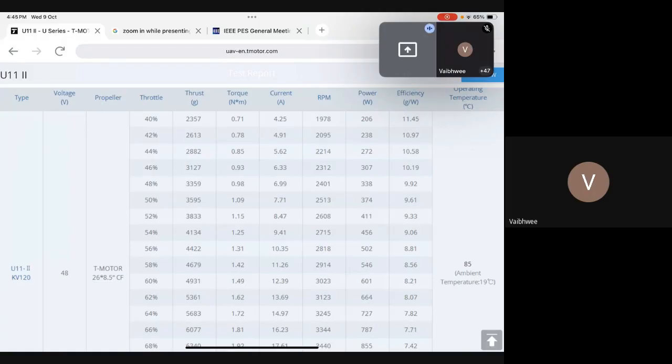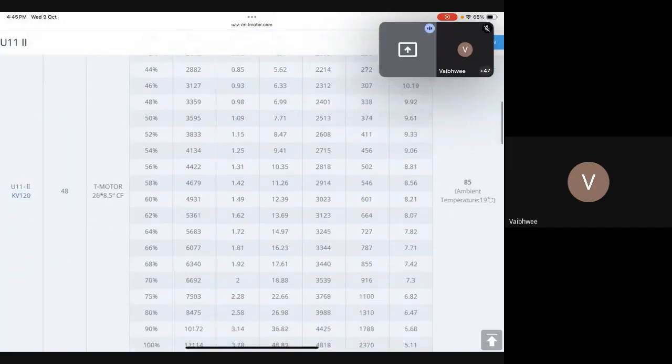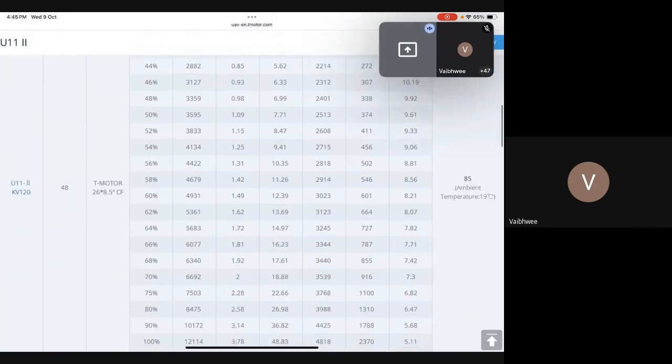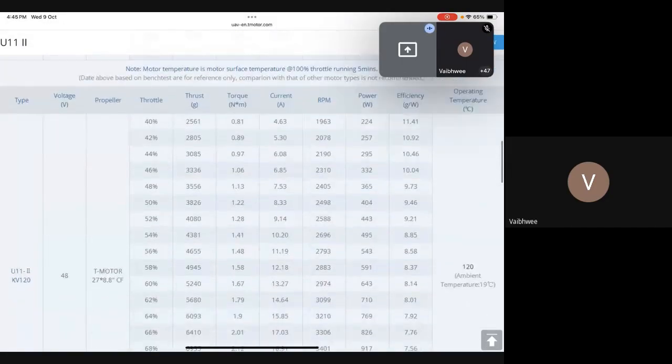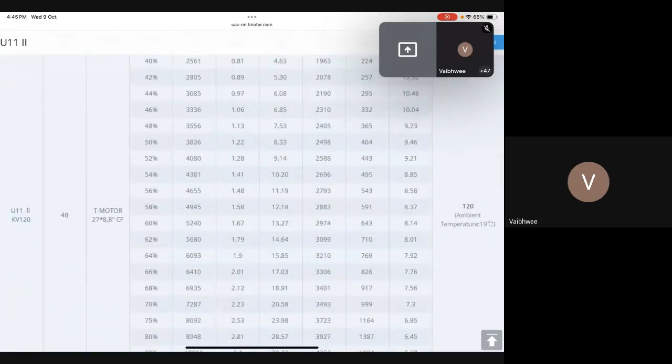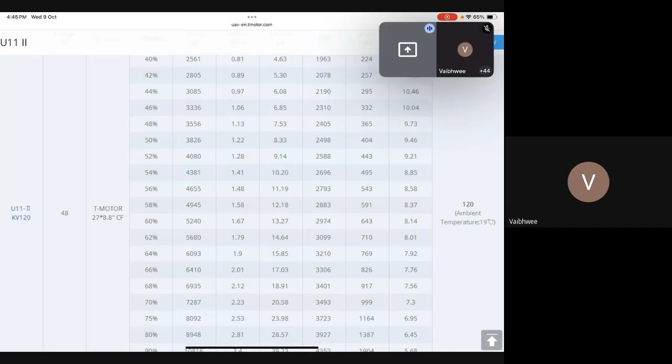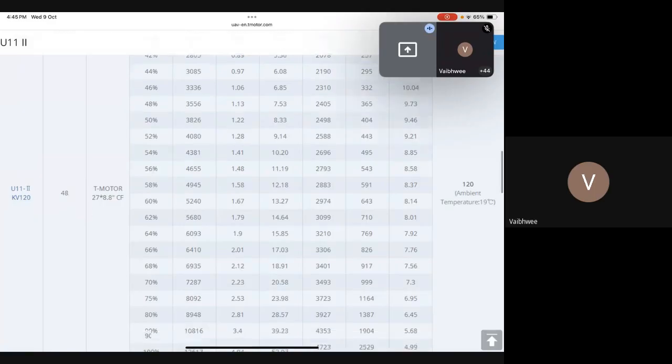So this table essentially helps you in deciding what kind of motor propeller combination you can use. They have given another table for the same motor at the same voltage for a different propeller. Here the propeller size has increased by 1 inch and the pitch angle has also increased by 0.3 degrees. Again, if you see at 50%, that was giving around 3.6, this is giving around 3.8 kgs of thrust, and the efficiency has gone down slightly.